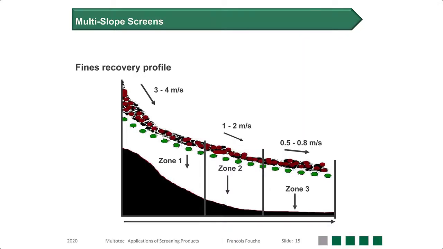Now look at the fines profile that we get from the multi-slope or the banana screen. It's only towards the discharge end where the material travel velocity slows down and the bed increases, but you can see that the majority of the work is done on the top slopes where we have 3 to 4 meters per second travel velocity.